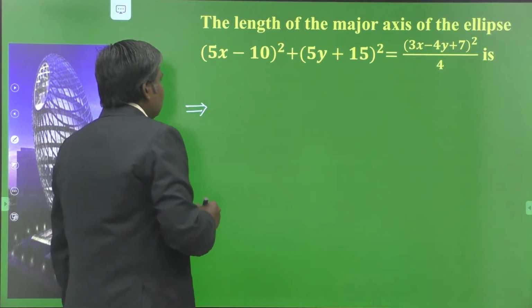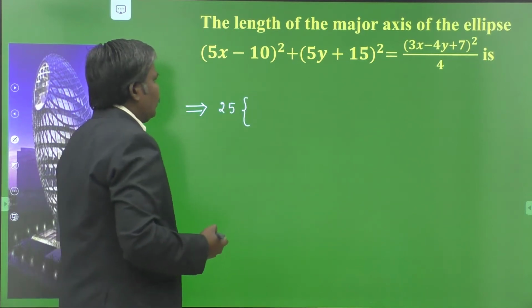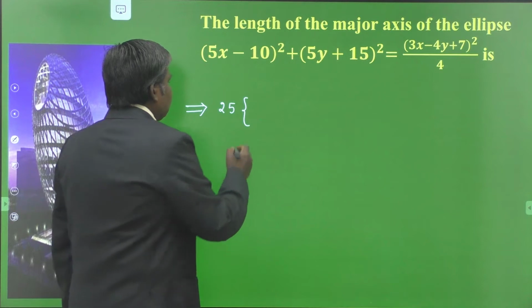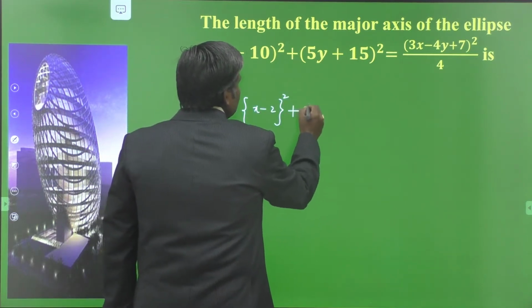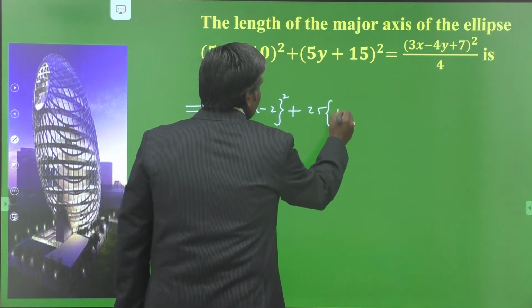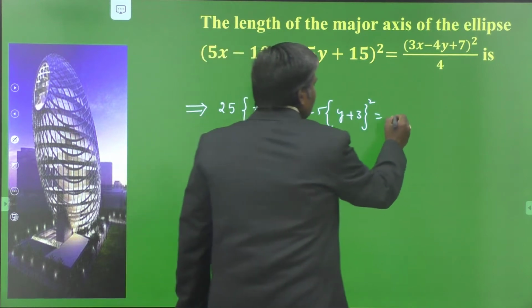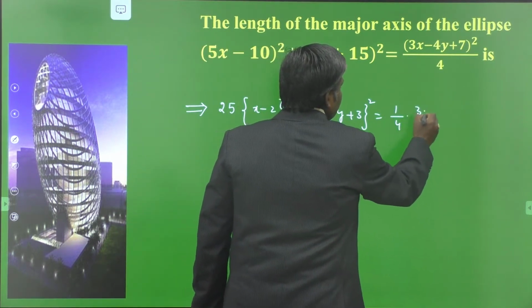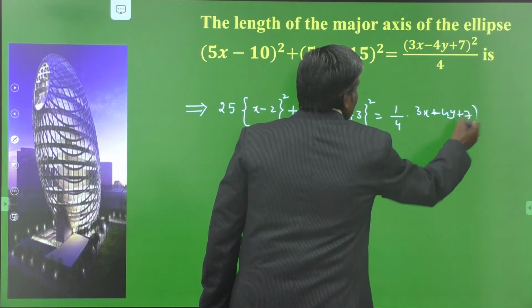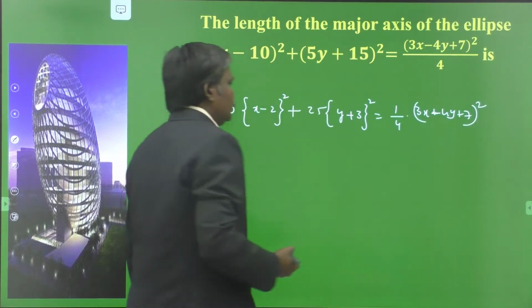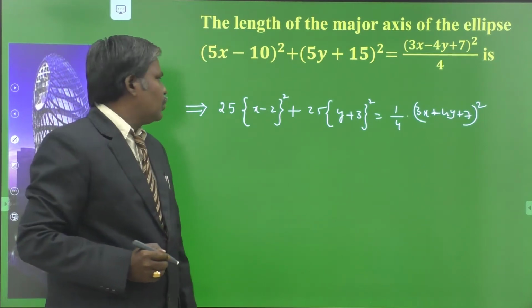So take 5 as common, that becomes 25. When it is coming to the outside, 25 times of (x minus 2) whole square plus 25 times of (y plus 3) whole square is equal to 1 by 4 times of (3x minus 4y plus 7) whole square.